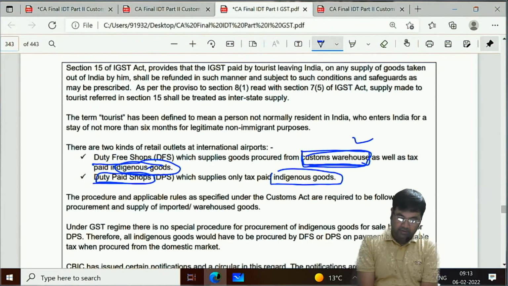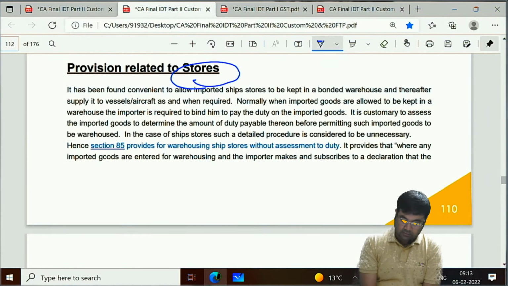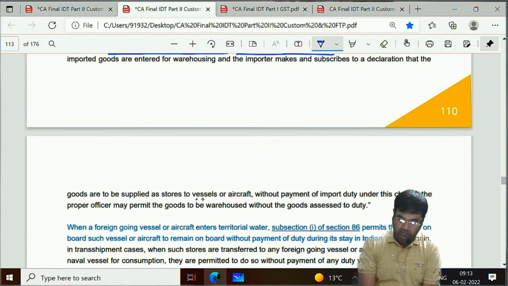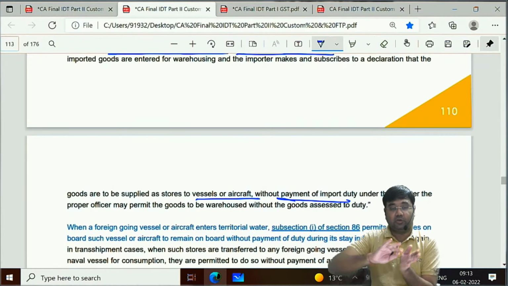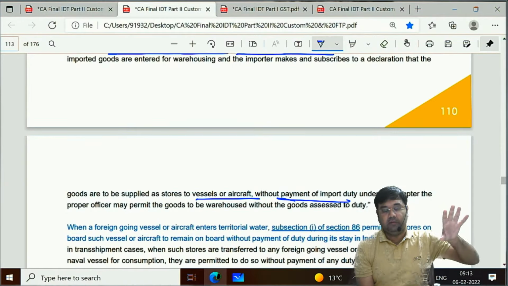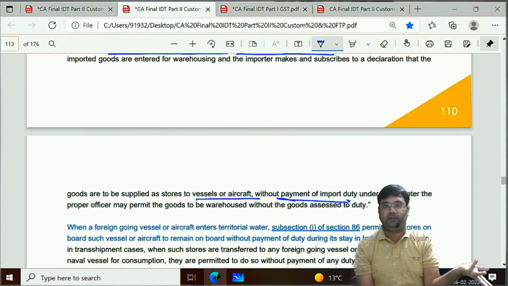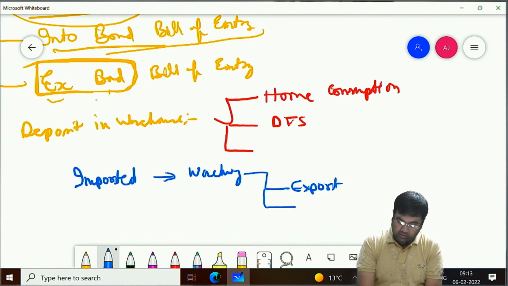Now remember, in the previous chapter we also discussed stores that provide for warehousing ship stores without assessment of duty, and they can be directly supplied later to a vessel or aircraft without payment of duty. So in case stores are warehoused, no need to pay the duty, and later if supplied to a foreign going vessel or aircraft, no need to pay the duty.